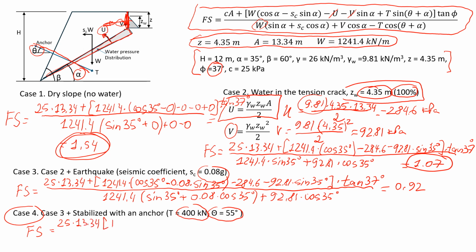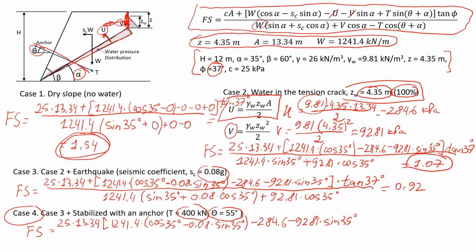So this will be the same: 1241.4 times cosine of 35 degrees minus this seismic coefficient 0.08 times sine of 35 degrees minus u, which is 284.6, then minus v, which is 92.81 times sine of 35 degrees.